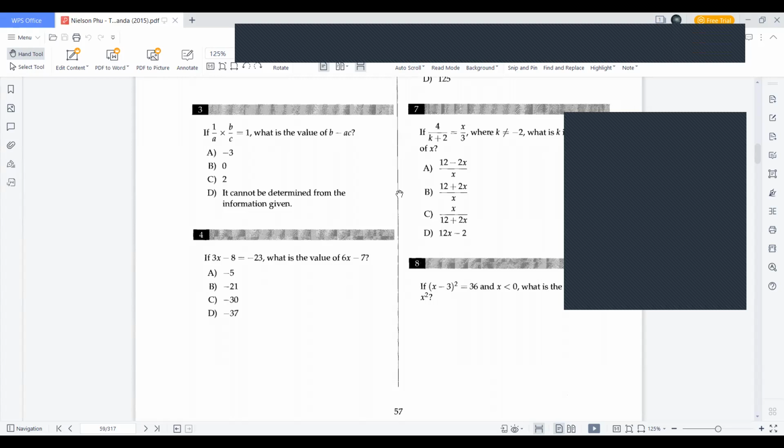Okay, let's write this out. So it's 1 over a times b over c equal 1, right? As you said, you can multiply it out and you get b divided by ac equal 1, right?